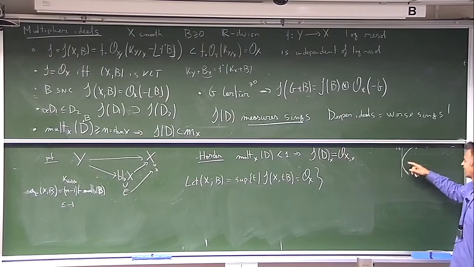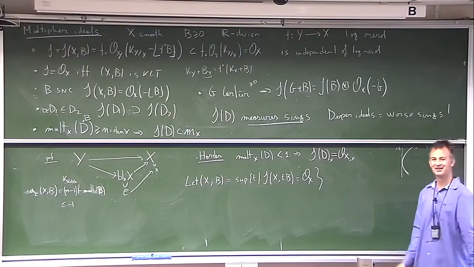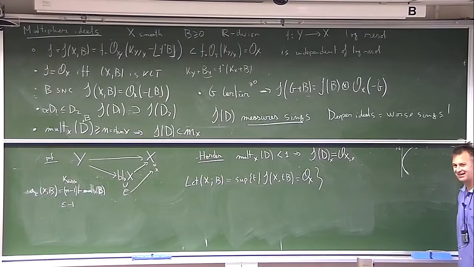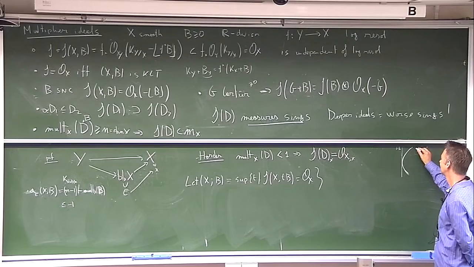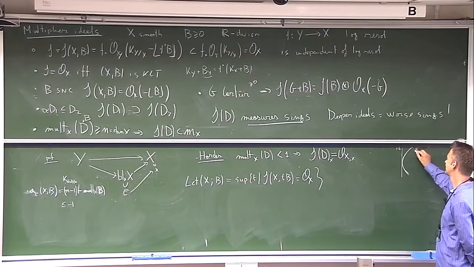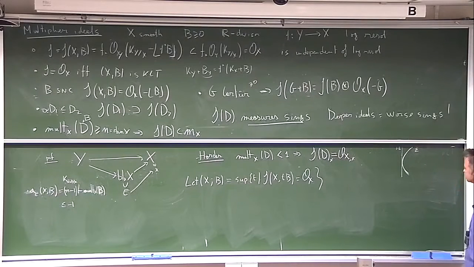You haven't made any precise statement, so it's hard for me to... No. The statement is, suppose it's 1 minus epsilon, and that tangent component is slightly smaller than epsilon. Then tangency is really bad. Even in that case, the multiplier ideal sheaf is trivial. I'm not going to use this fact.